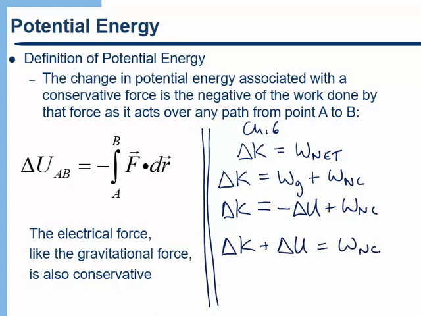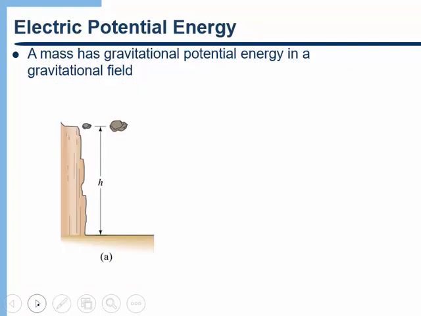And so really our next goal is we've got to figure out what is delta U for the electrical force, just like we found what delta U was for the gravitational force. Before we get into the details of that, I just want to argue that there should be such a thing as electric potential energy.